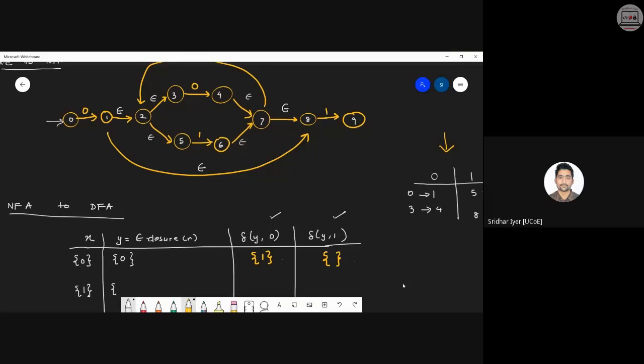Yes, state 0 has a transition on 0. Where is it going? It is going to state number 1. That's why we have written 1 over here. Clear, Tanvi? Similarly, the state 0 on input 1, we need to check. Whether state 0 has any input 1, I can see clearly that state 0 has no transitions for input 1. That's why we have written a null set over here.